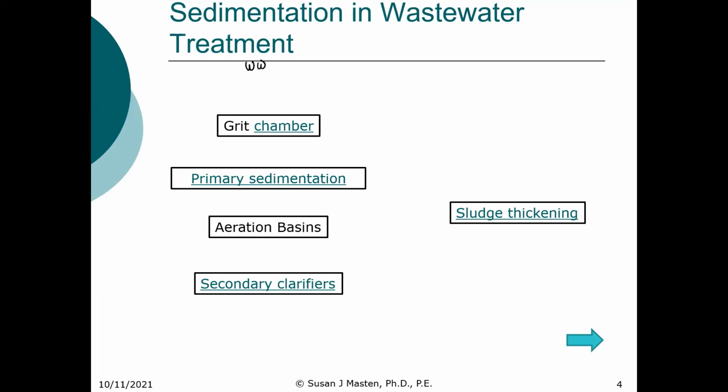We have wastewater that enters from the sewer system. The first process that we have is some sort of screening. And I apologize again for the line. So we have bar screening or bar screens. We may have what are referred to as a grinder or a comminutor.